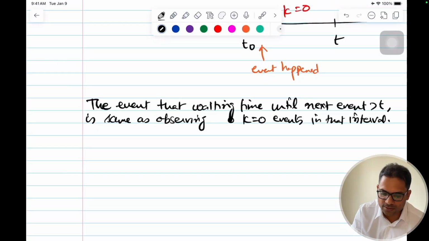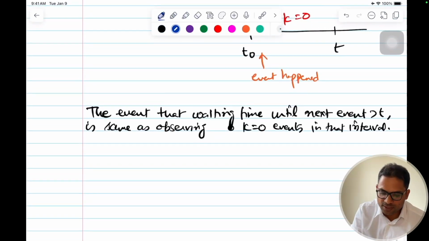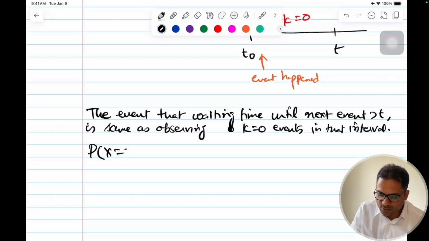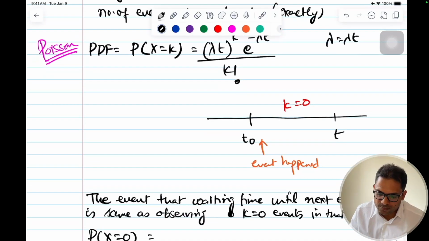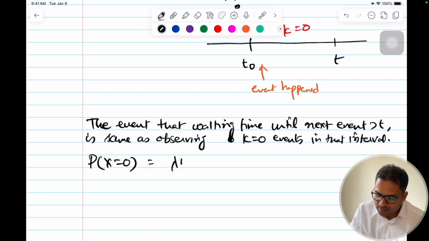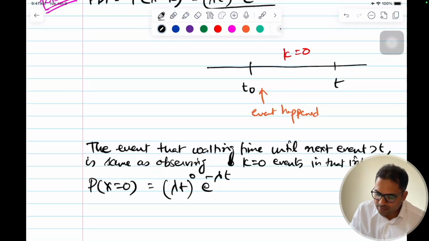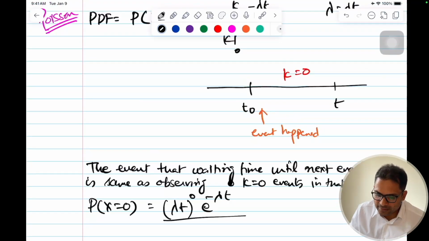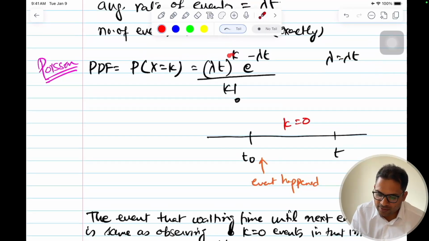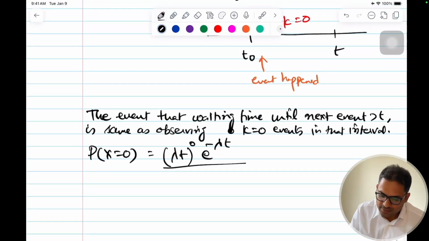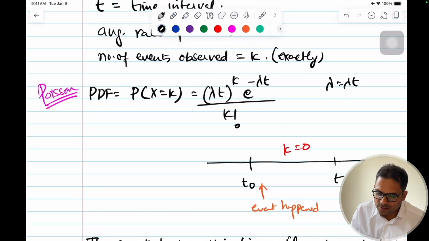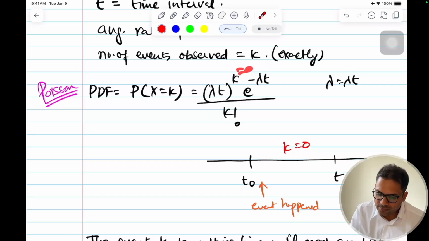Now let's check. What will be the probability of that? Using the probability P of x equal to 0, because here k is 0, what was the formula? Lambda t to the power 0, e to the power minus lambda t, divided by 0 factorial, wherever k is there, replace k with 0.